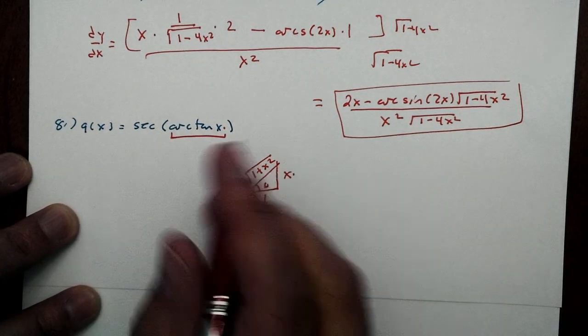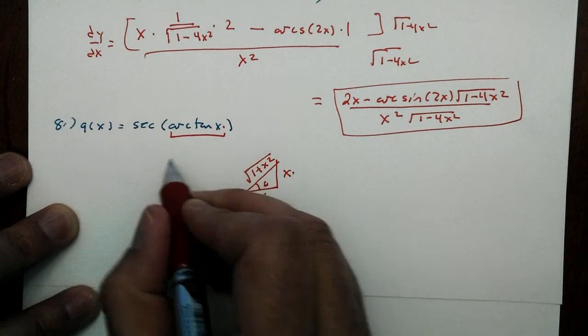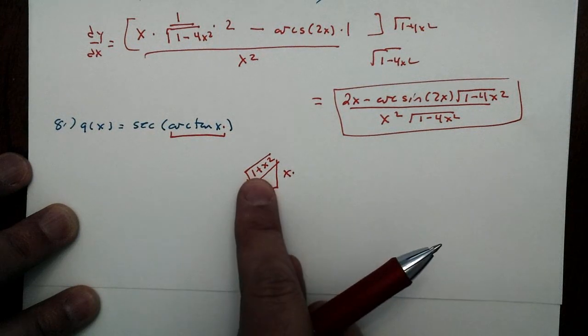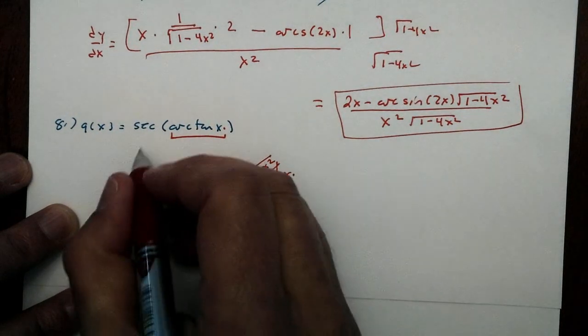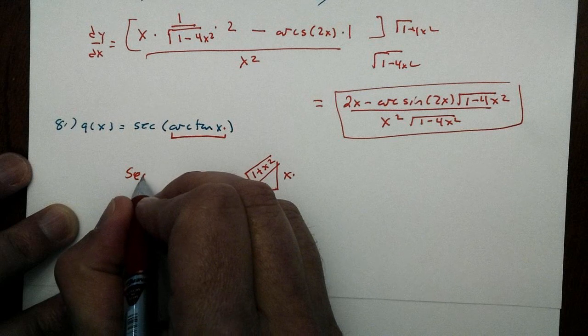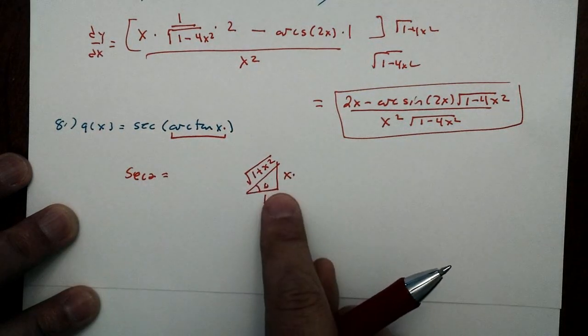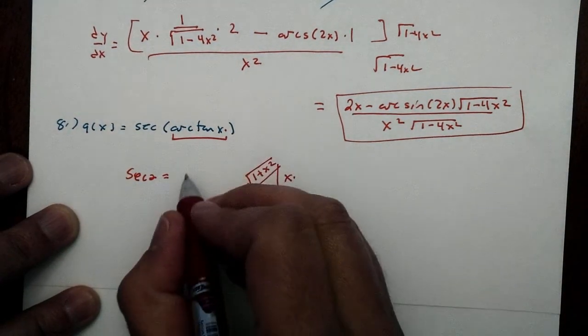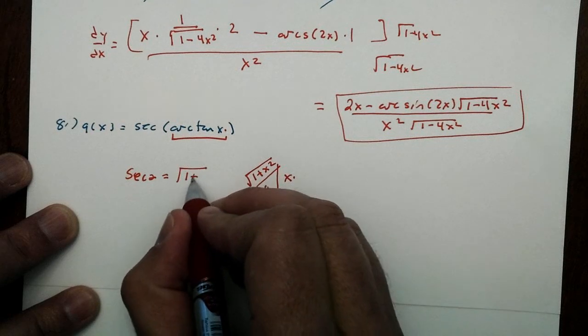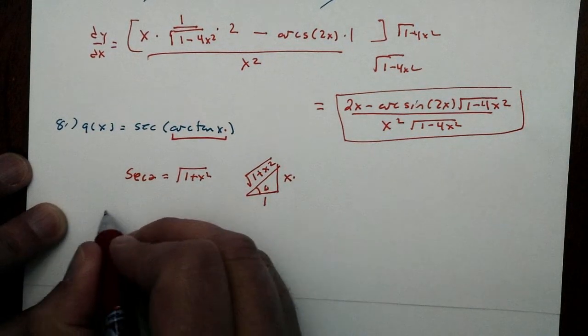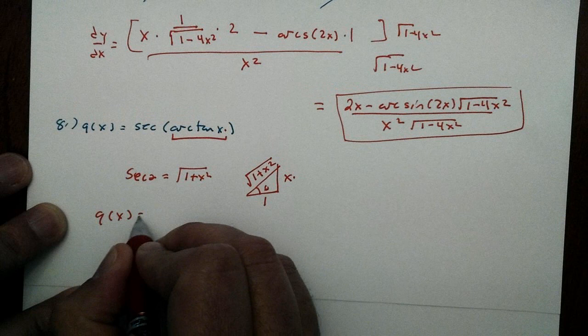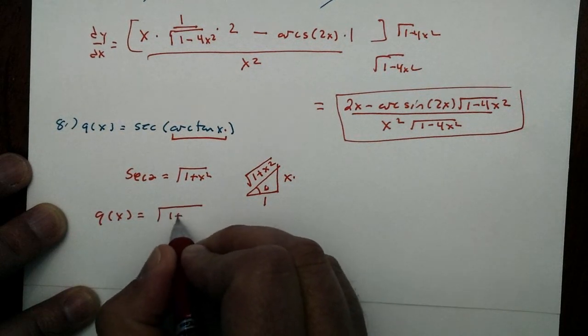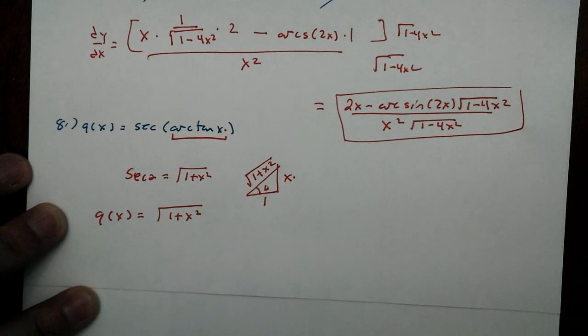Well, from pre-cal, I want the secant of theta. The secant of theta is the hypotenuse over the adjacent. So the secant of theta is just the square root of 1 plus x squared. Therefore, we can say q of x is the square root of 1 plus x squared.